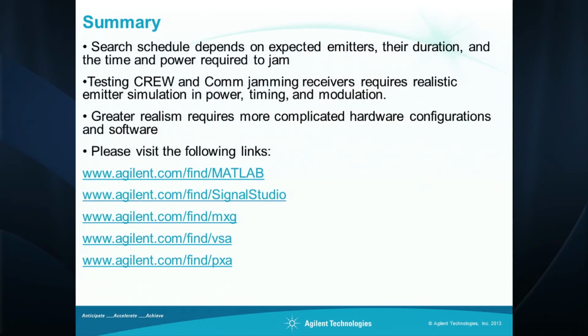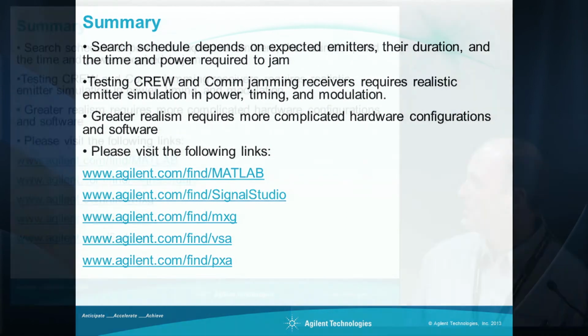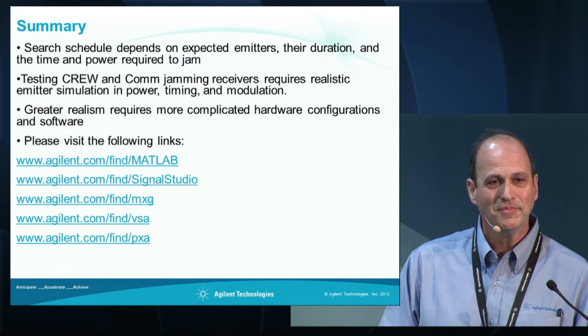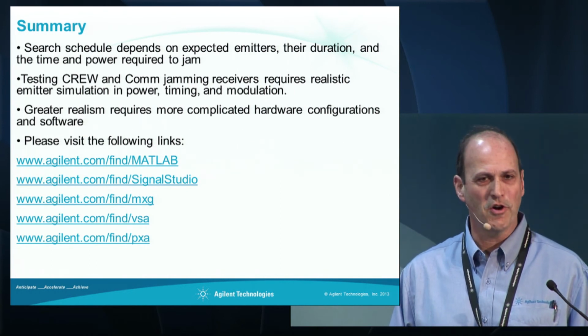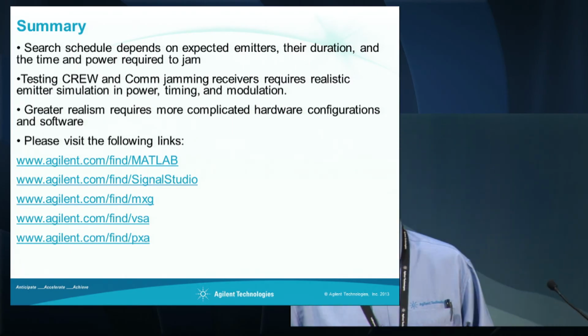Again, with the amount of time we've got to talk about it here, I can't go into any big details, but if you'd like more information, certainly you can visit our website, and we have a lot of information on these kinds of techniques that can be used. And again, the whole idea here is to provide as realistic a scenario as we can to exercise the jamming equipment to make sure that it's operating properly before it's fielded.